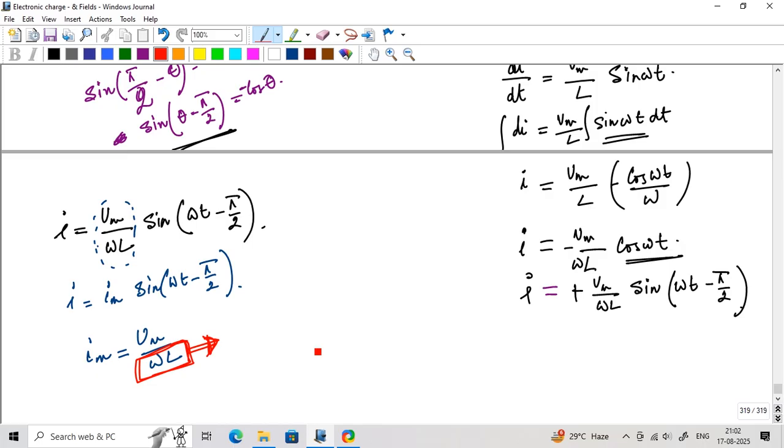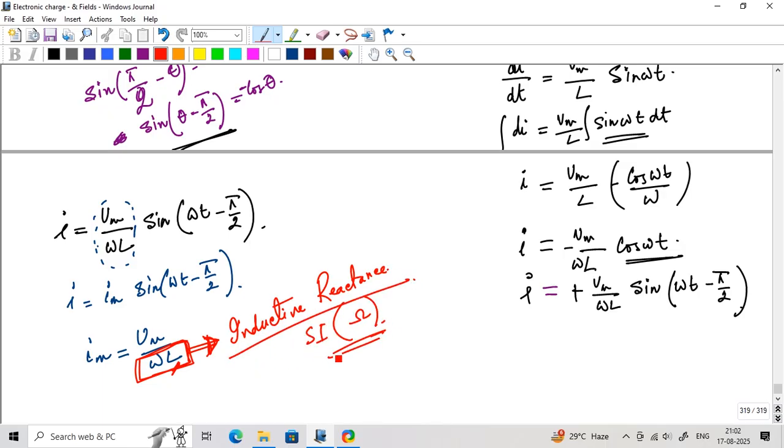This resistance is dependent on frequency, because it involves inductance and frequency. This is called inductive reactance, and its SI unit is the ohm. Keep in mind, it is called inductive reactance because it depends on frequency.